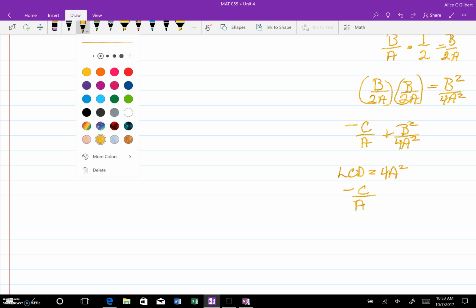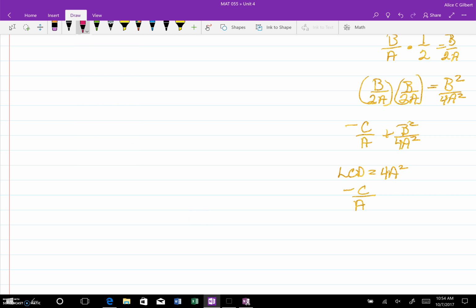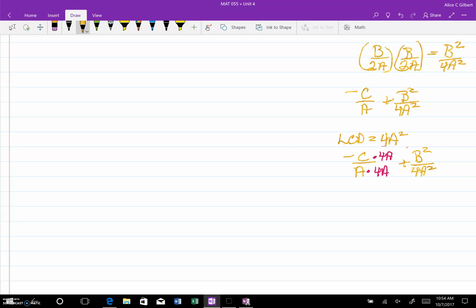So what do I need to multiply with a to get 4a squared? Well, I would need to multiply 4a. If I do that in the denominator, I need to do it in the numerator. And then I'm going to write down the next one exactly like it is. And what do I need to multiply with 4a squared to get 4a squared? Nothing. And so now in my denominator, with both of them, I've got 4a squared.